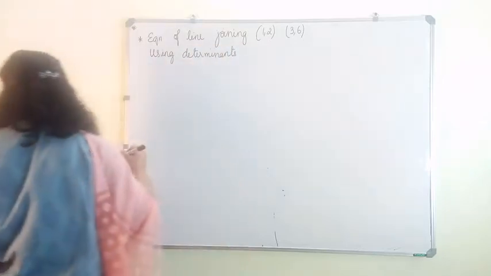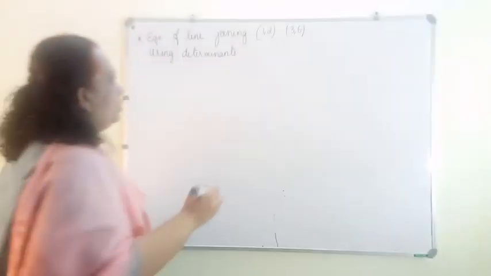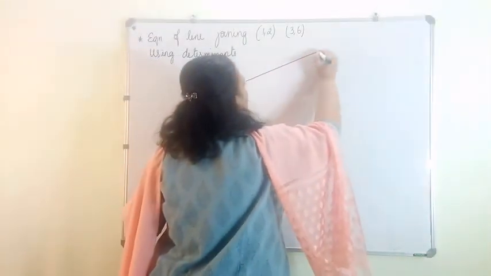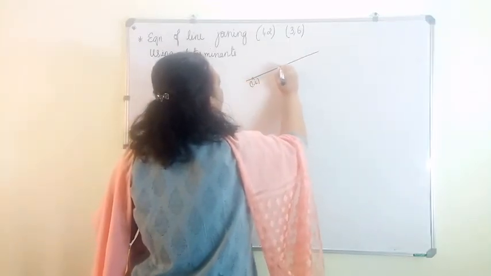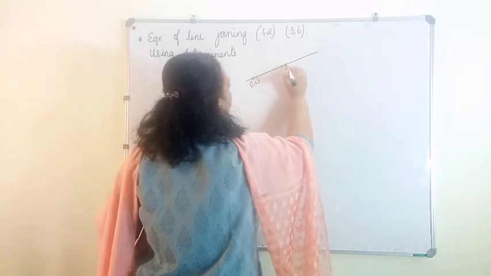So, it is a line joining the points 1, 2 and 3, 6.